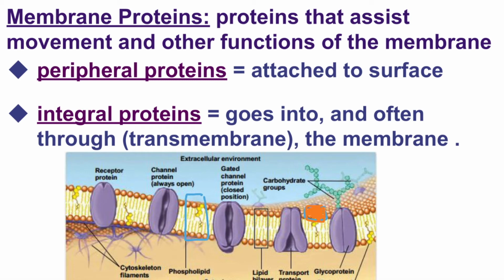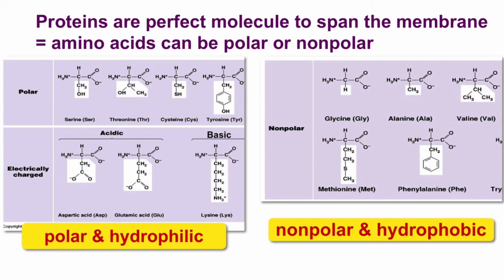Okay? So some proteins have to be integral. They must go through the membrane, and some proteins could be either integral or peripheral. Now, what allows a protein to punch through the membrane is, remember, proteins could be polar or nonpolar depending on the special R groups.